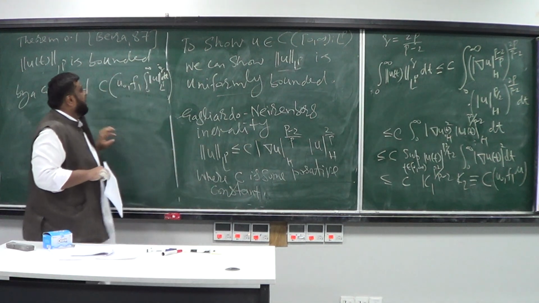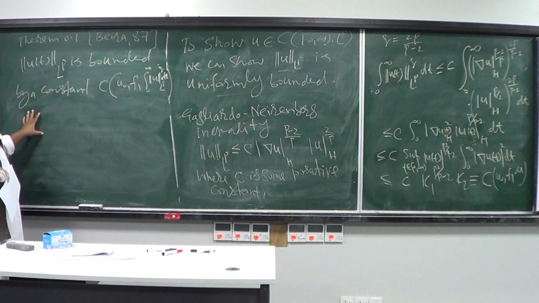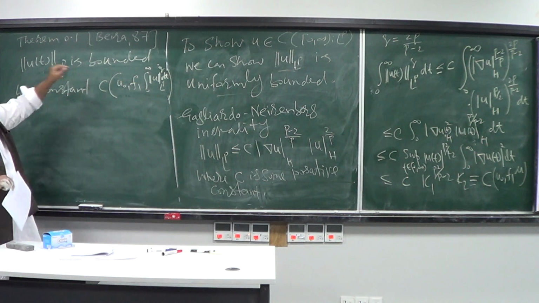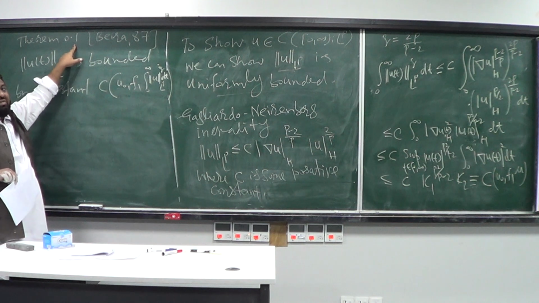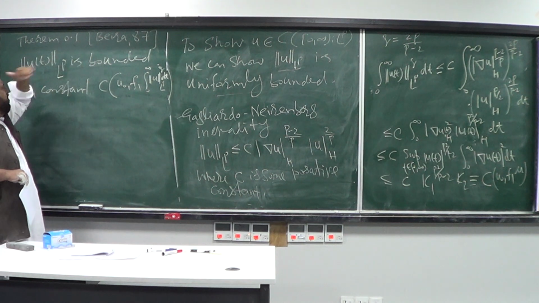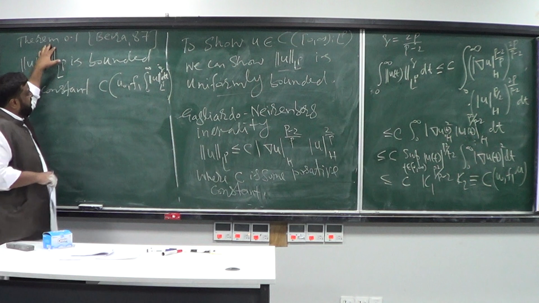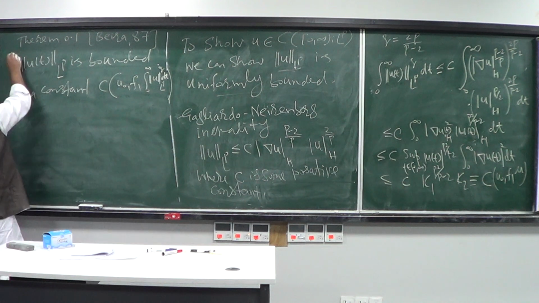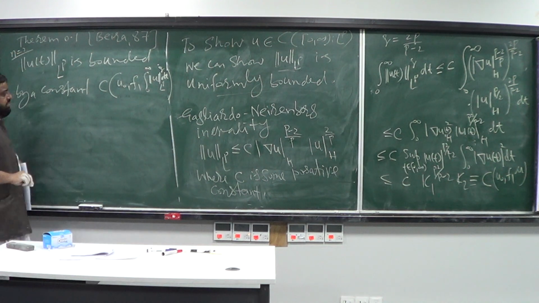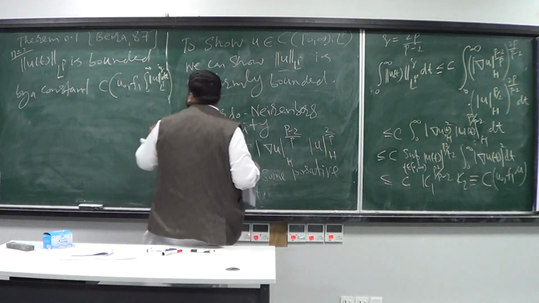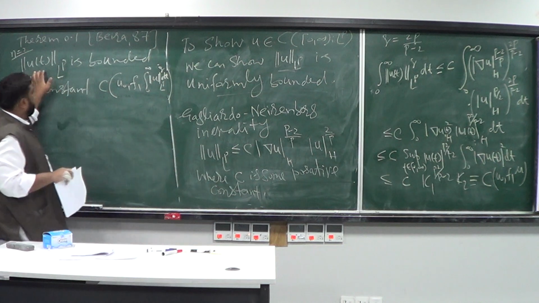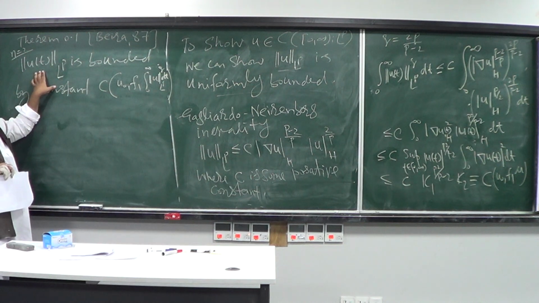I'm relying on the result of Vira 87 actually. So what you have to do is just read out theorem 0.1 and make sure you understand why, using theorem 0.1 and obviously n being 2 dimensional, and this estimate, you can have the uniform boundedness of the LP norm.